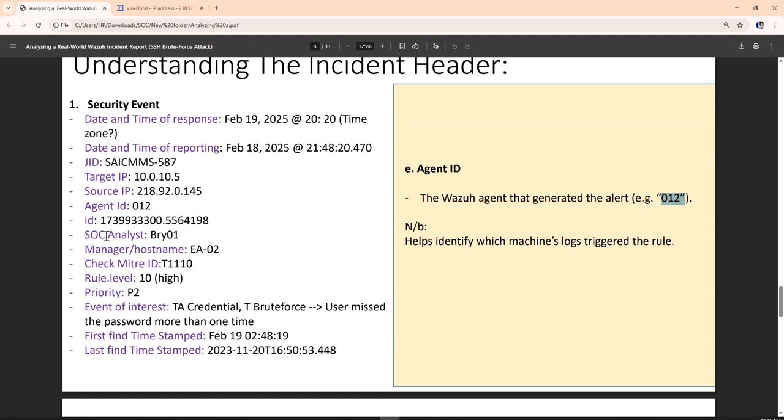So that agent inside there giving us that report is what we call the agent. It also has an ID. You can use it to identify it in Wazuh. It helps identify which machine's logs triggered the rule. It helps us to know which particular machine we're looking at.